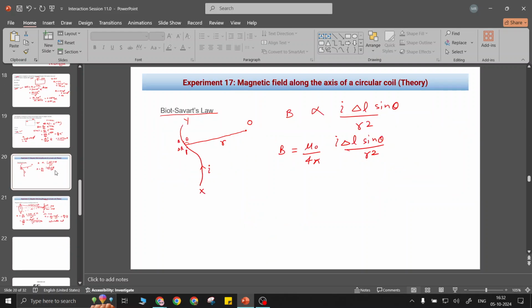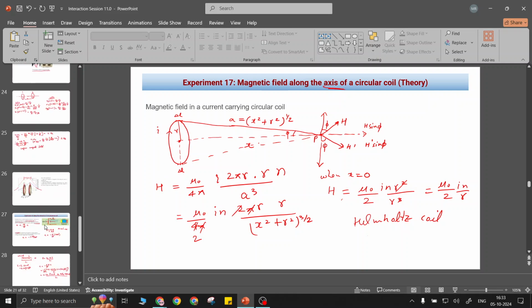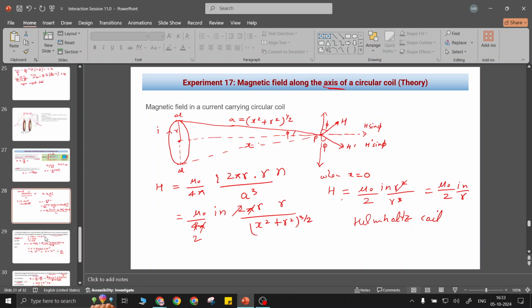Here we started with Biot-Savart's law, then found the magnetic field in a current carrying circular coil, then the magnetic field due to two current carrying coils when they are at a distance equal to their radius, and when they are at a distance of half of their radius, they make the Helmholtz coil, which lets us achieve a uniform magnetic field in a region. And then we discussed the EMF induced in a coil.